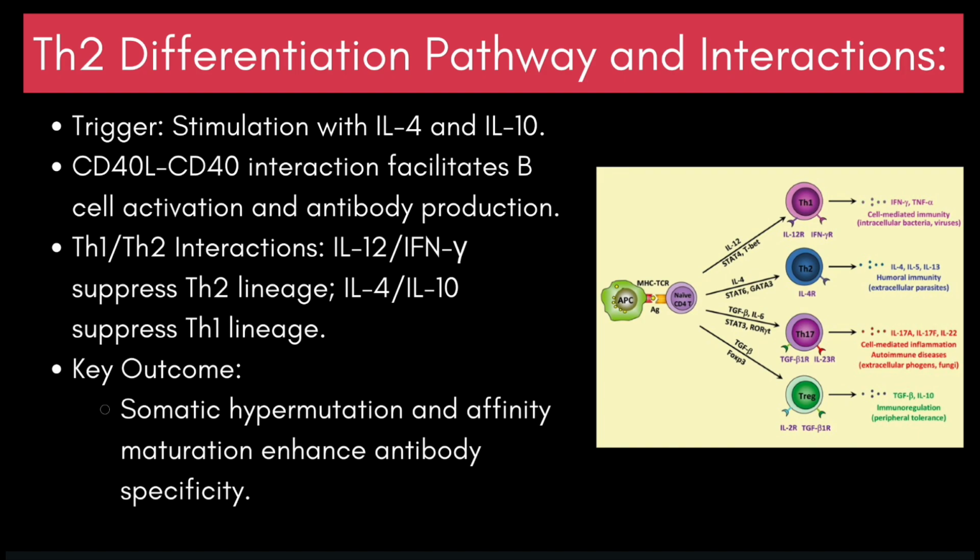Then we have Th1, Th2 interactions: IL-12 and interferon gamma suppress the Th2 lineage, and IL-4 and IL-10 suppress the Th1 lineage. So the key outcome is that somatic hypermutation and affinity maturation enhance antibody specificity. And a visual representation can be found in the pictures to the right on all 3 slides.